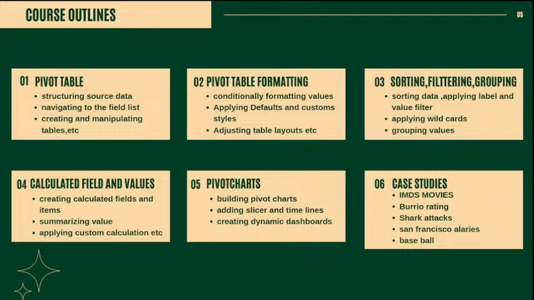Some examples shown here are IMDb movies and rating, shark attacks, San Francisco alarms, and baseball matches. So these case studies are used with our pivot tables and pivot charts. This is overall the outline, for both Excel and Power BI.